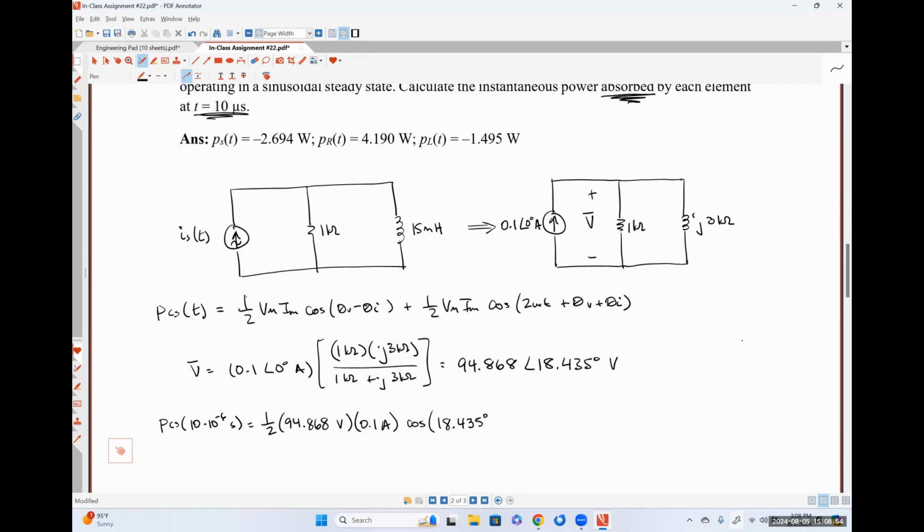So what we could do here is put 0 degrees in, and then whatever answer we get, we would simply have to multiply it by a factor of -1 to get our absorbed power, or we could set the phase angle to be 180 degrees out of phase, which is just changing the direction of our current, and we would get the correct answer from the jump. So that's why I'm choosing to put my phase angle as positive 180 degrees here. That makes my current flow into the positive polarity terminal.